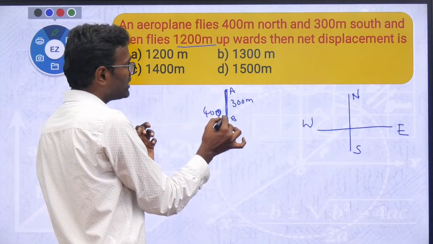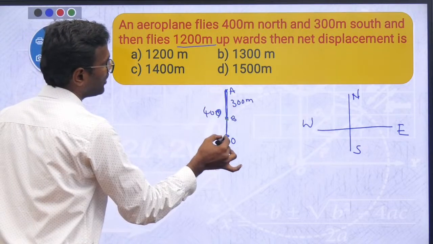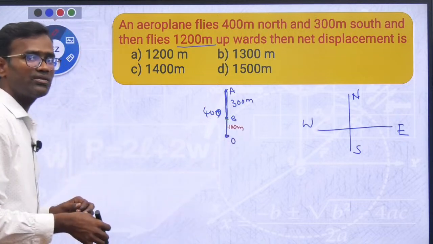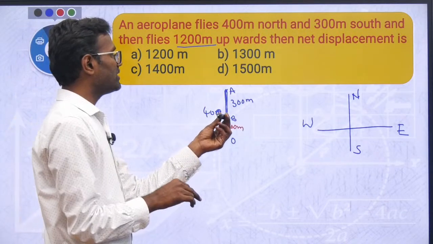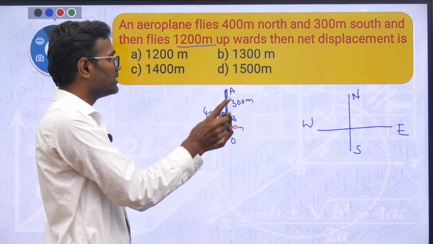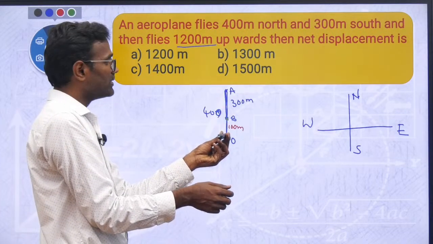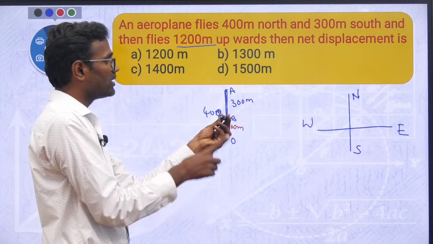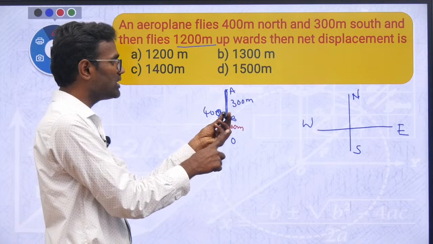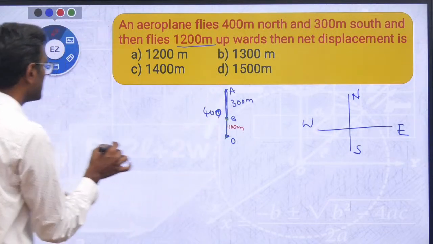So please tell me, children, how much is this length? Total is 400, this is 300, so this will be 100 meters, and this will be 1200 meters. This is the final point and this O is the initial point. Let me write C as the final point. OC is the displacement.